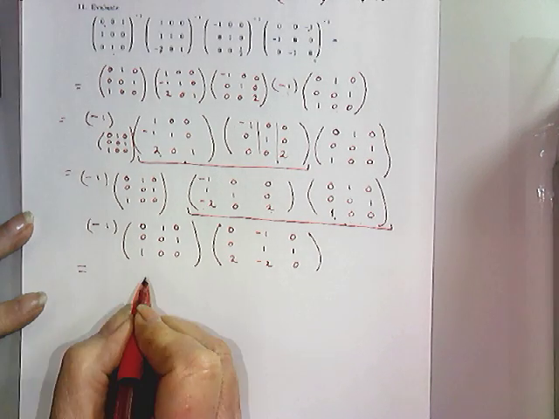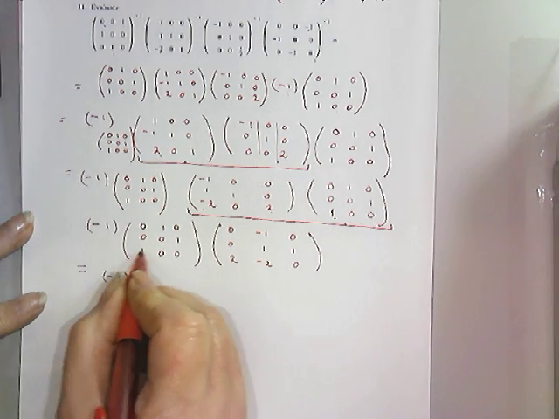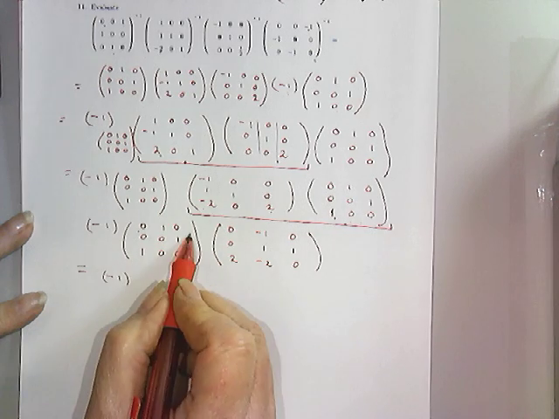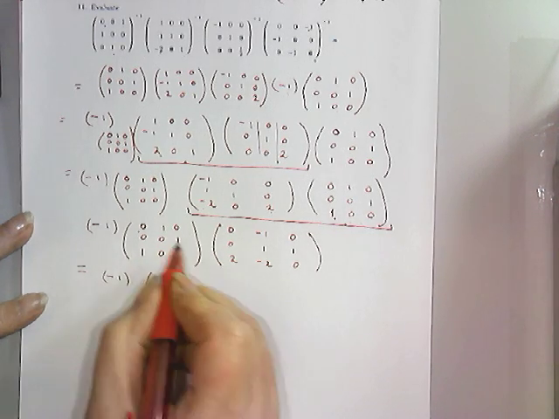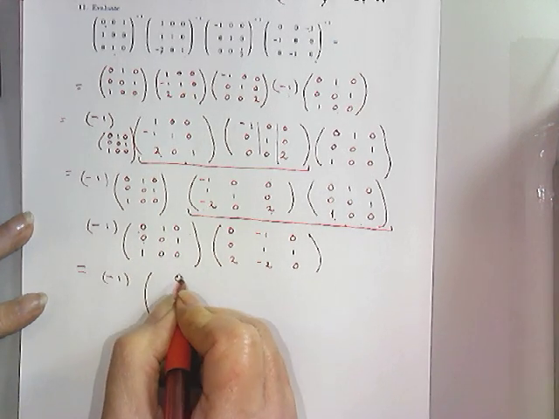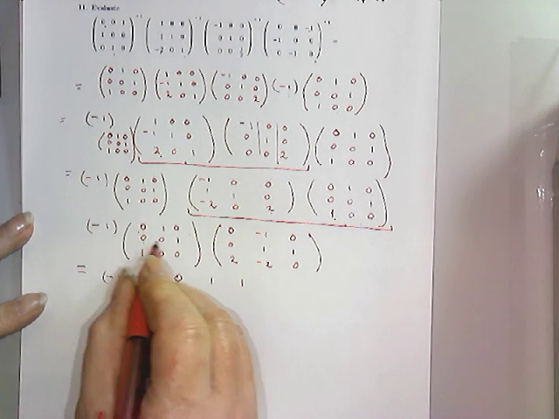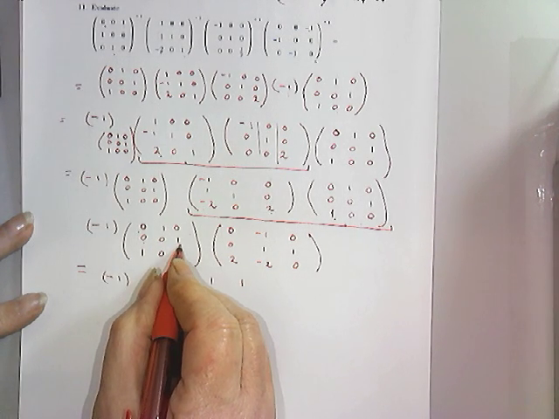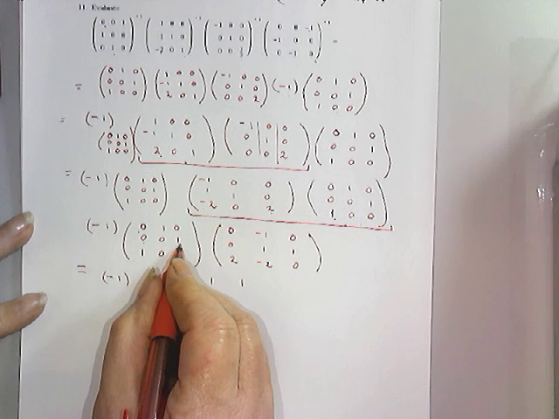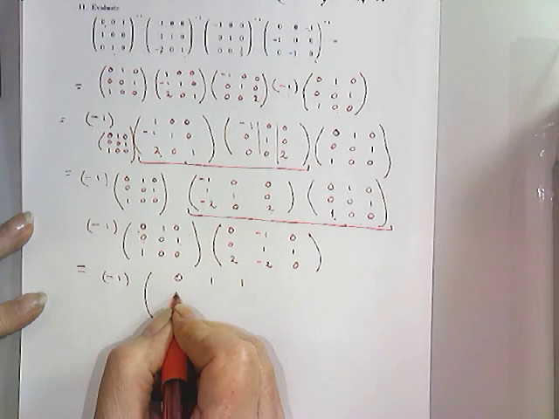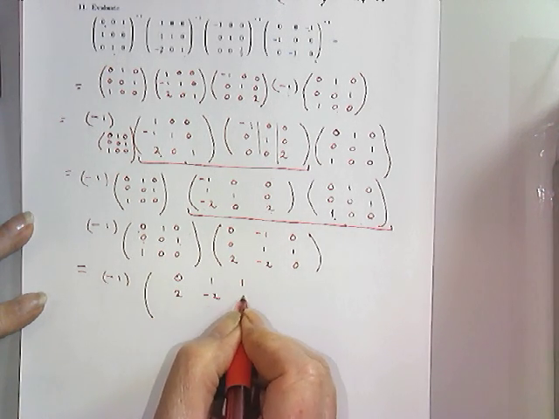Then this permutation matrix switches the rows. We'll have the second row first, 0, 1, 1. The third row next, 2, -2, 0.